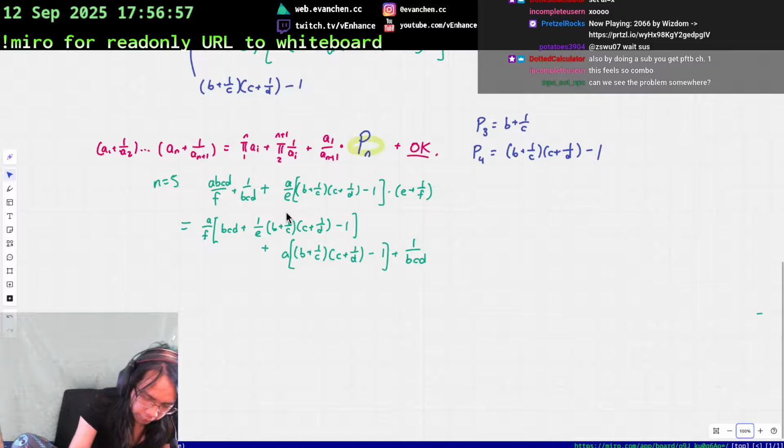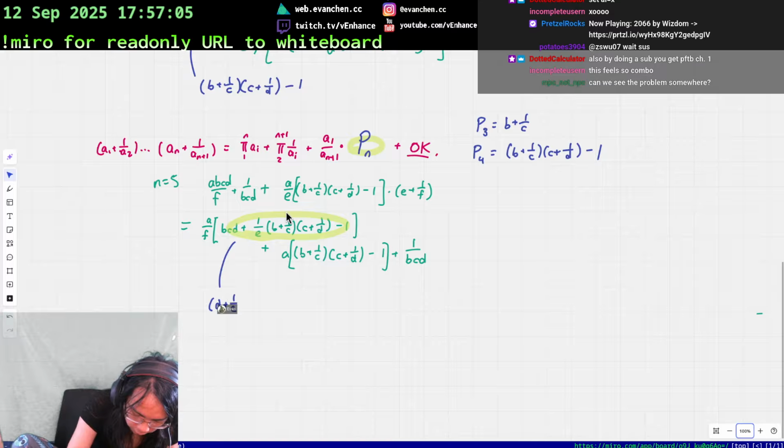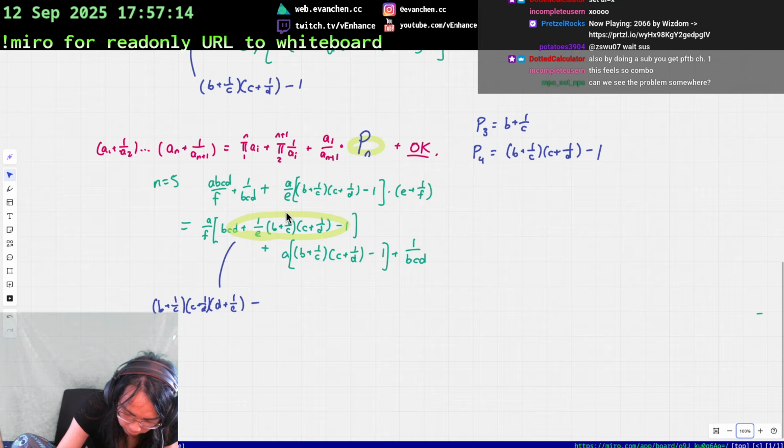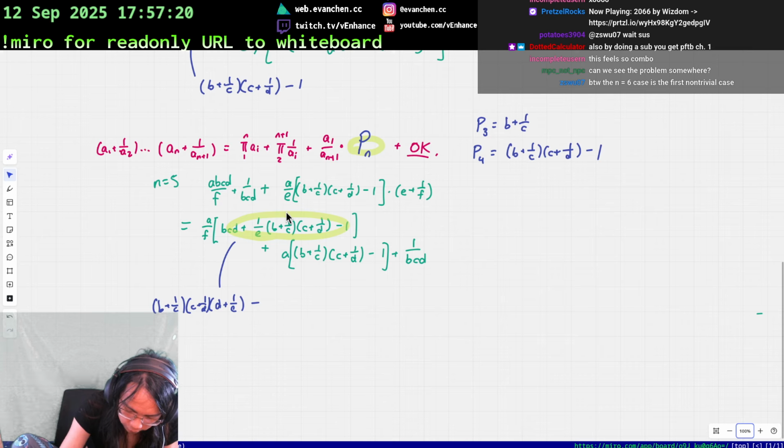Okay, so the new part in here is what? This looks like it just wants to be d plus 1 over E. Well, okay, the product b plus 1 over C, C plus 1 over D, d plus 1 over E, and then minus something.